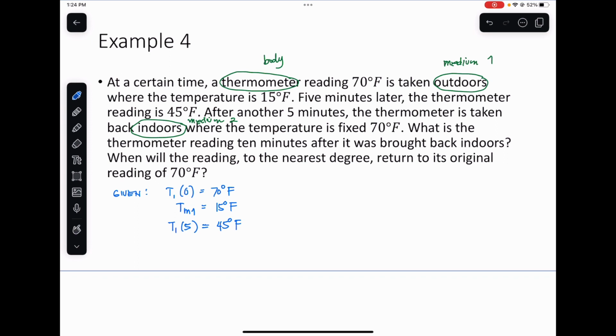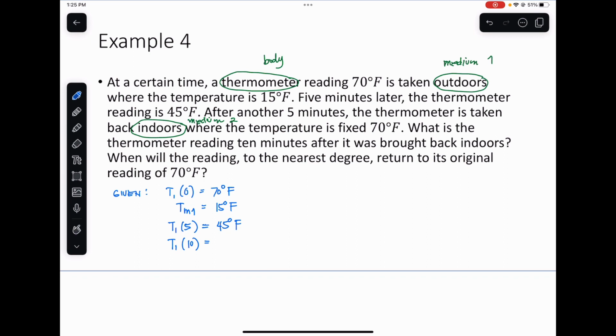And then after another 5 minutes, the thermometer is taken back indoors. That is 5 plus 5, so I'll have 10 minutes after it was taken outdoors, it was returned indoors.